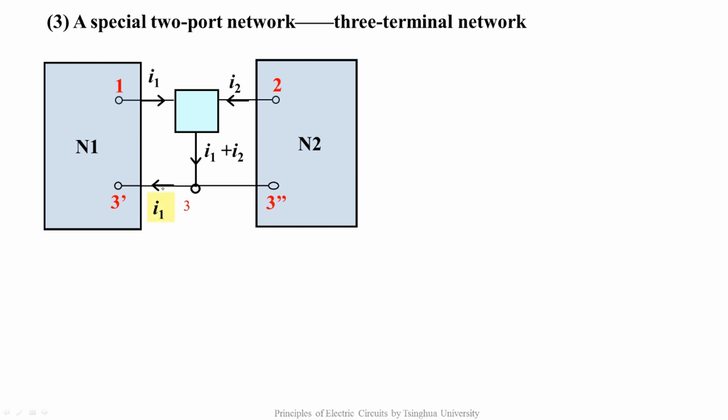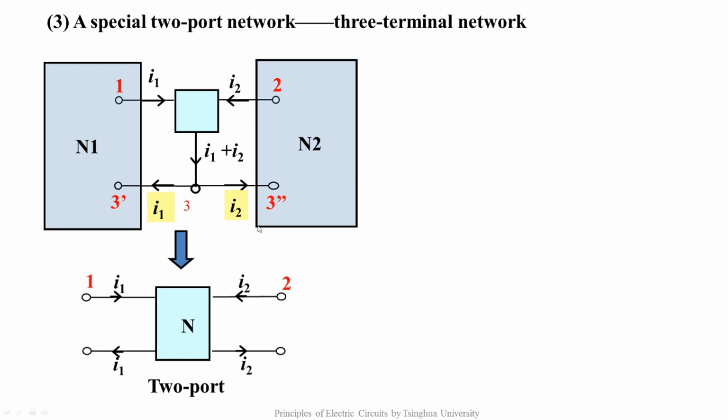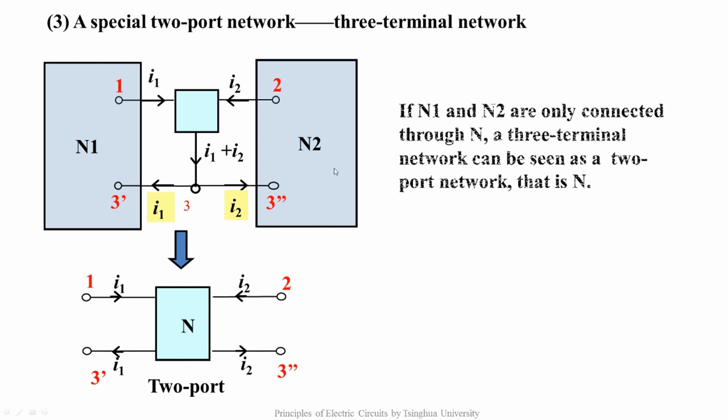Based on the generalized KCL, the current flowing out of terminal 3' is I1 and the current flowing out of terminal 3" is I2. Redraw the network like this. It's a common two-port. If there's no other branches connected between N1 and N2, it's no doubt that the three-terminal network can be considered as a two-port network.